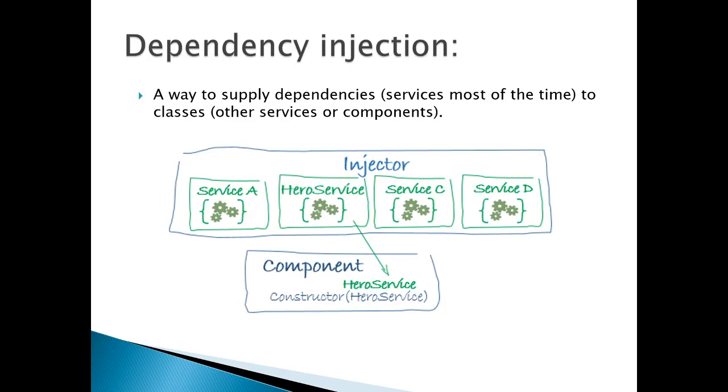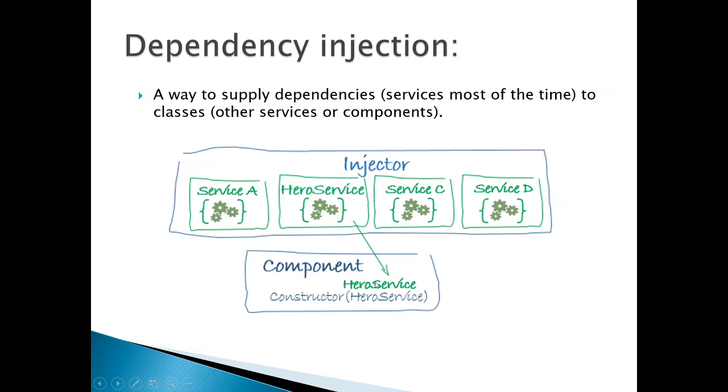Next concept is dependency injection. Dependency injection is actually a way to supply dependencies to a specific class. Normally, these dependencies are services most of the time. A way to supply dependency services, most of the time, to classes, other services or components. So if our component needs some service, that service will be injected into the constructor of my component.